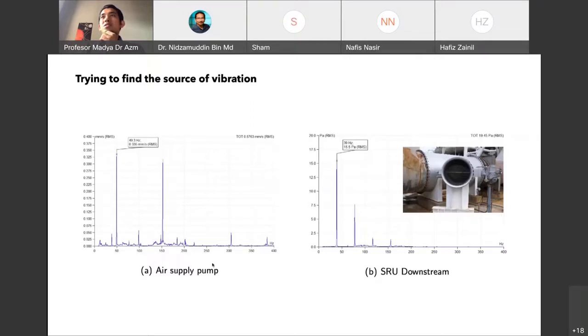We also measured the SRU downstream and the incinerator, and there is no vibration at 63 hertz either. So those are not possible. We rule out all the possibilities first.